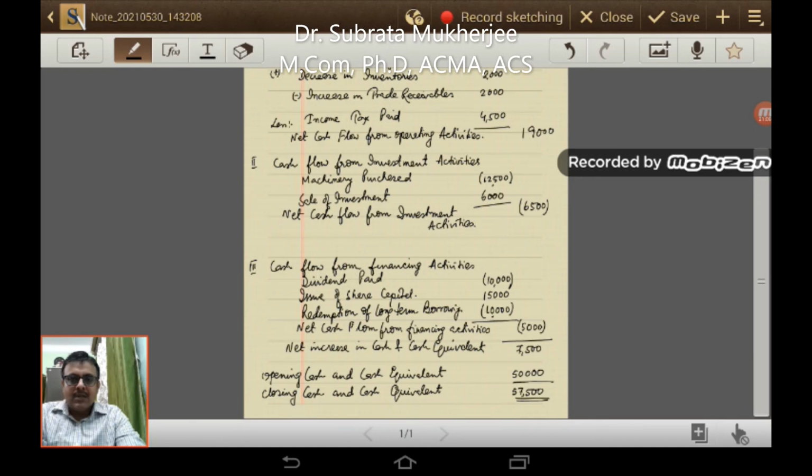So 19,000 is the net cash flow from operating activity, minus 6,500 is the net cash flow from investment activity, and minus 5,000 is the cash flow from financing activity. So if you add up these three figures, you will get 7,500, which is basically the net increase in cash and cash equivalent. If you add it to the opening cash and cash equivalent of 50,000, you will get the closing cash and cash equivalent.